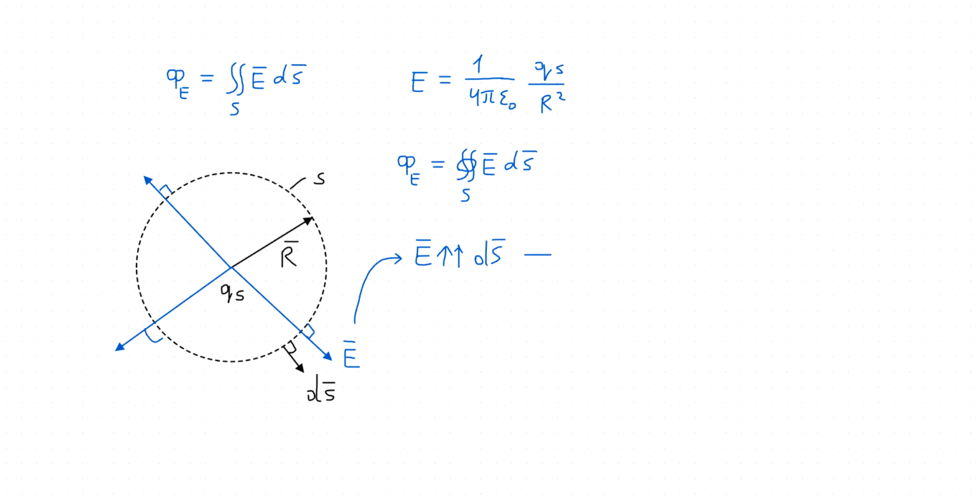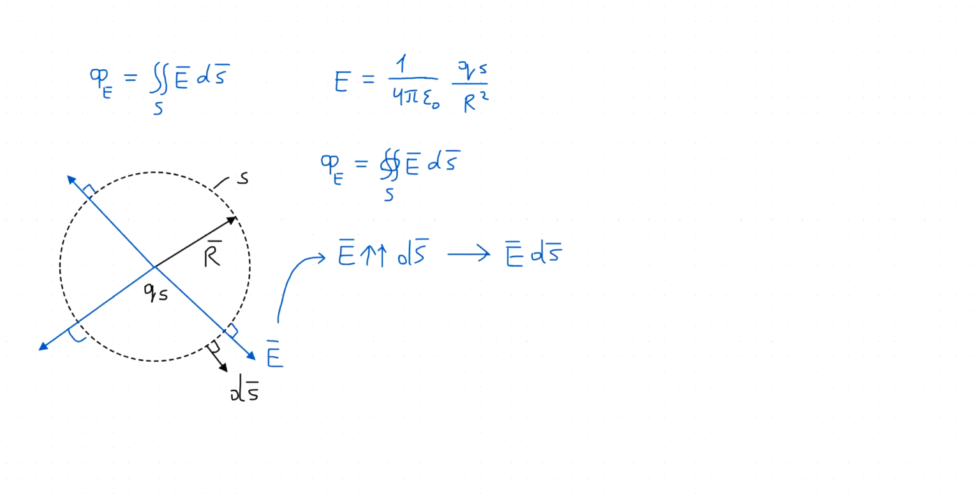And from here we can conclude that the dot product E · dS is equal to E dS cosine 0, because if two vectors have the same direction, the angle between them is equal to 0. So this is equal to E dS.